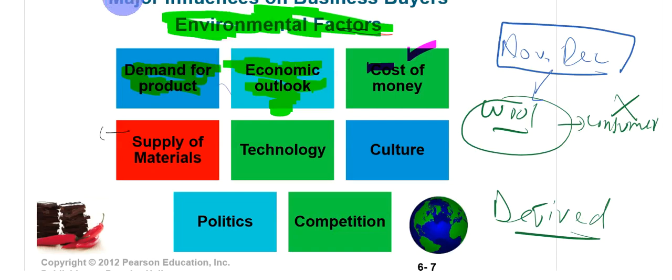For example, during Corona there was a problem in transportation and shipments of products, and in importing products from other countries. If we cannot get raw material from other countries, then definitely the decision of the organization will be affected. So supply of the raw material is very much important in this regard.